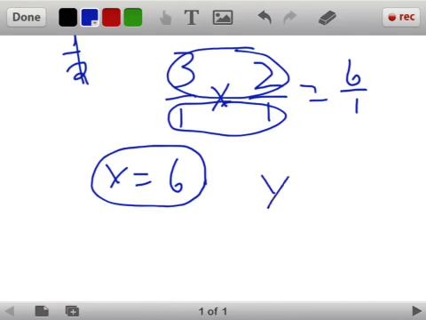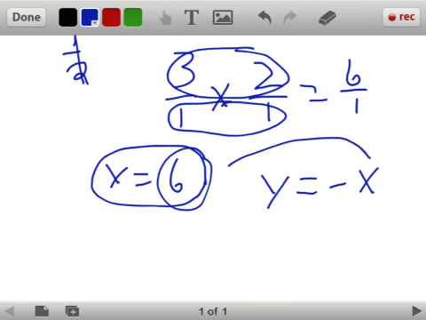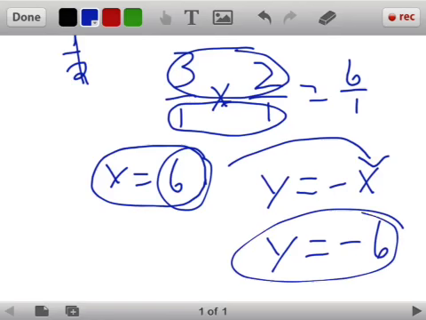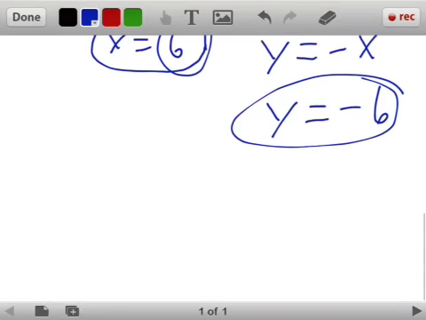So I'm going to write y equals negative x. I'm going to take that 6 and put it in for x. And now my equation looks like this. Y equals negative 6. So now I have my second answer. Y equals negative 6. So my final answer is x equals 6 and y equals negative 6.